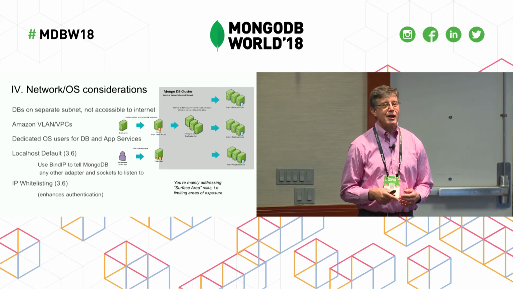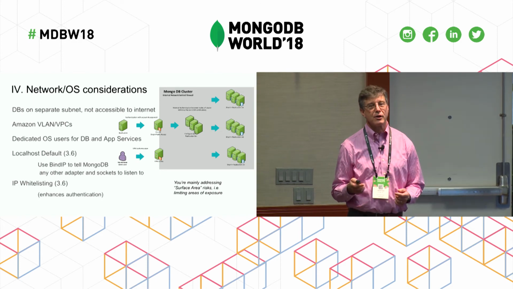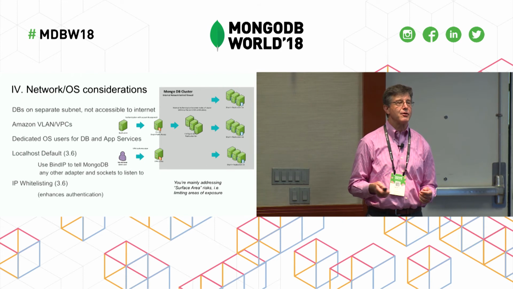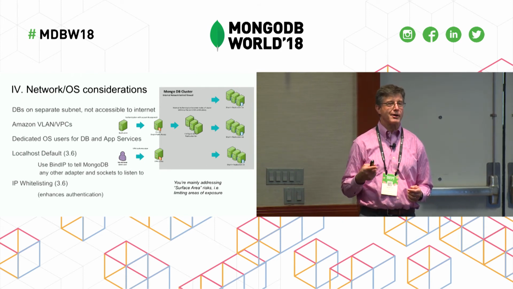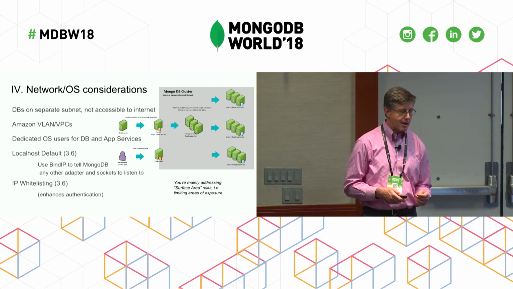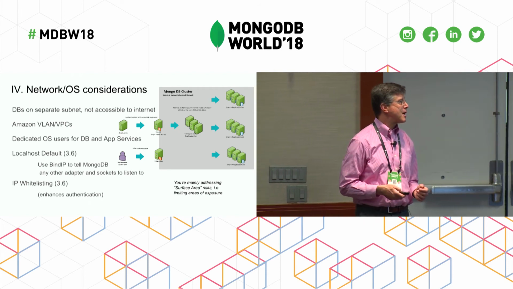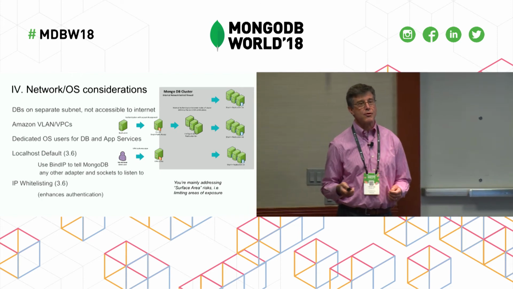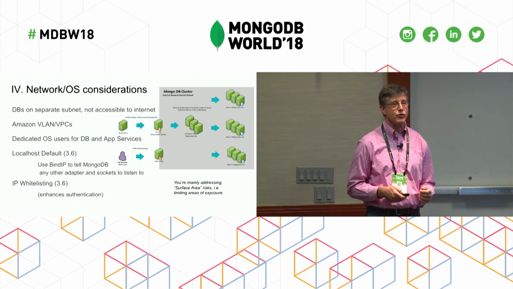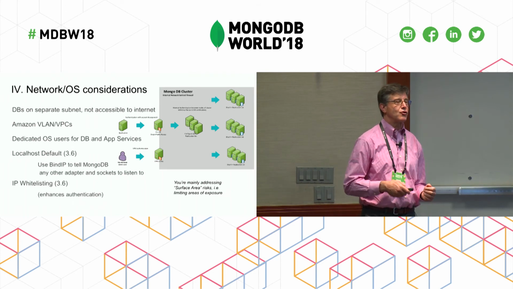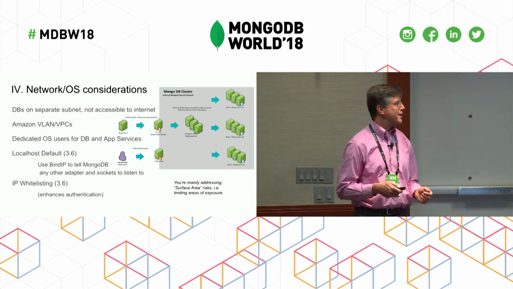Various cloud providers handle a lot of this for you because they have things like virtual LANs and virtual private clouds that protect the networks that you're putting your applications and your databases on. We recommend having dedicated operating system users for both the application services and database services, so that makes it a little harder for those bad actors to get at them.